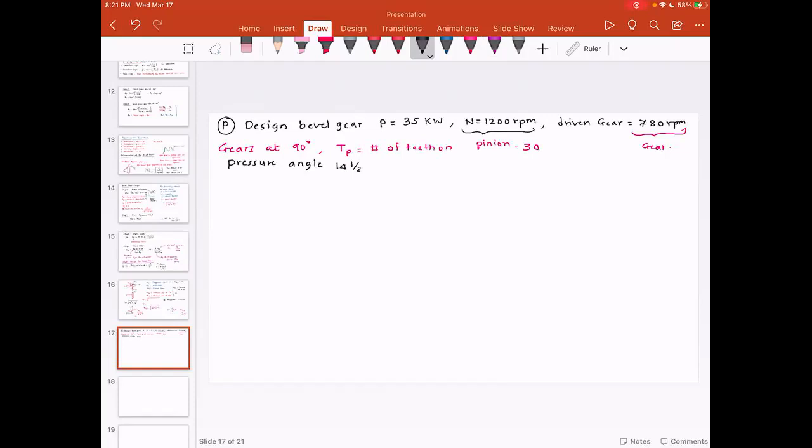And the dynamic stress value of sigma W for this particular problem, they have already given an equation: 140 times 280 divided by 280 plus V. So in this case, the equation for dynamic stress is given.